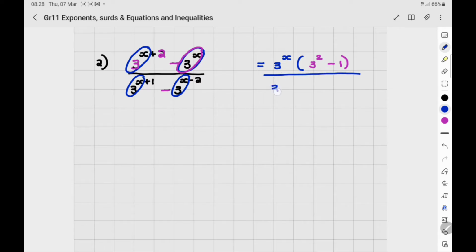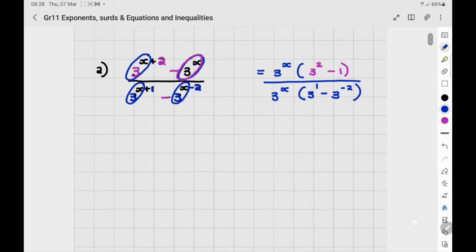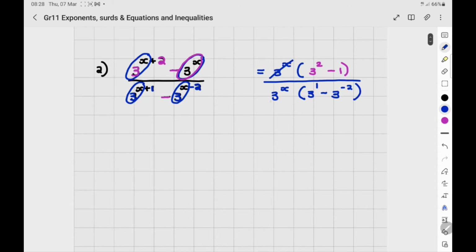At the bottom, I'm going to take out 3 to the power x. What is left? Don't forget, it's 3 to the power of 1 minus 3, your base 3 to the power of negative 2. And now we can cancel out those 3 to the power x's, and what is left at the top is 3 squared minus 1, and you are more than welcome to just pop it into your calculator.